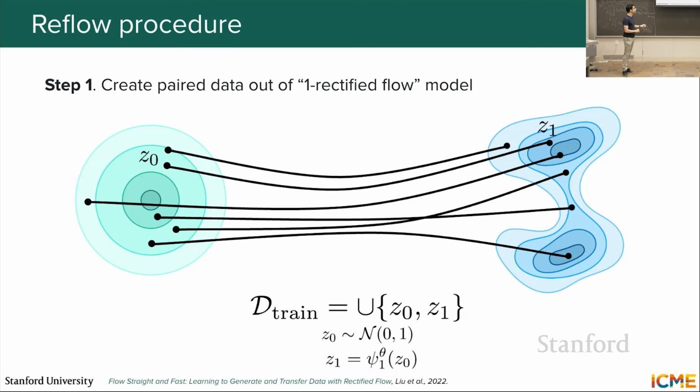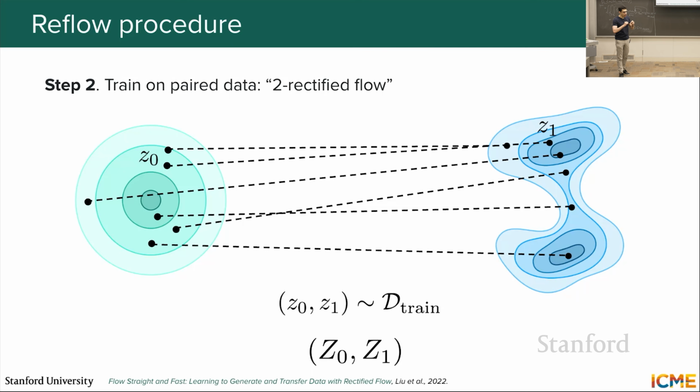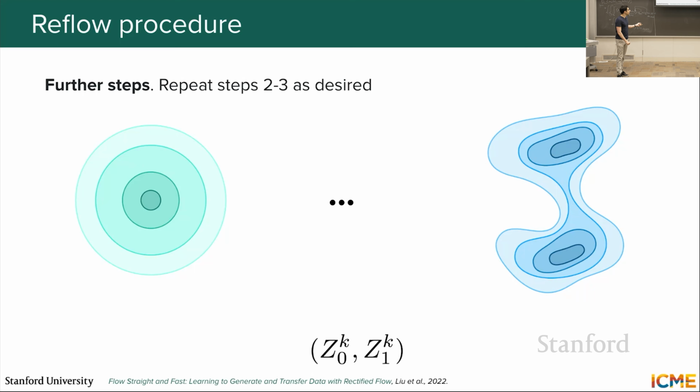So the reflow procedure says, OK, let's take these new pairs as those that we use to retrain the model. So these will be our new lines that we fit our new model. And so this is the reflow step.